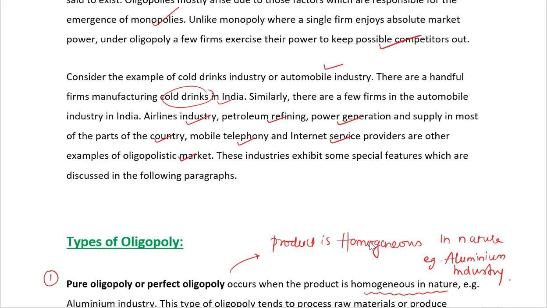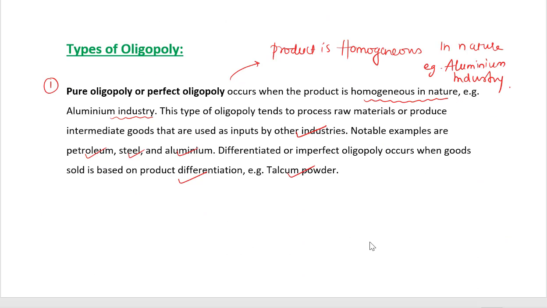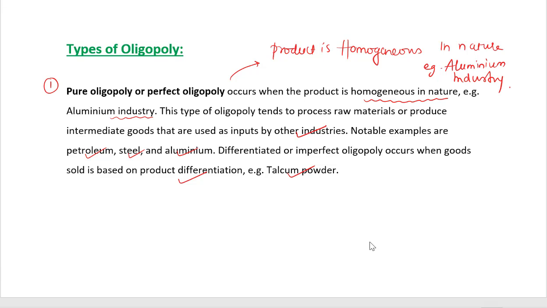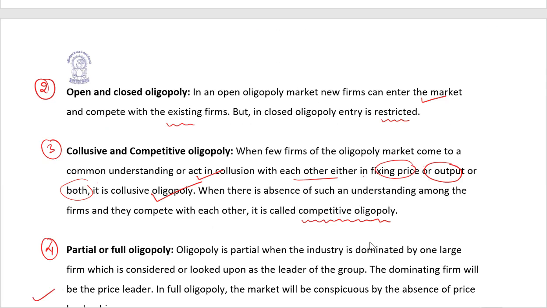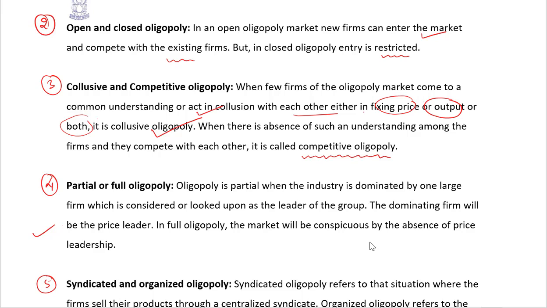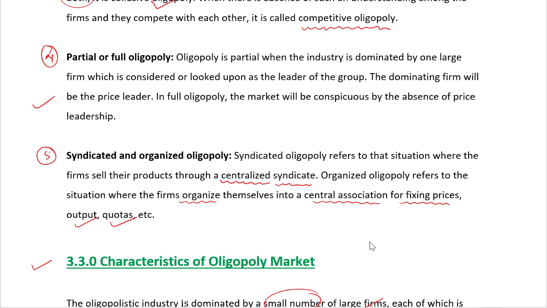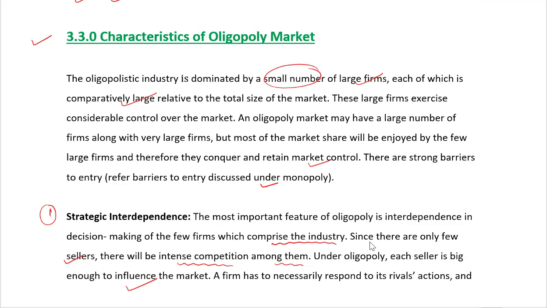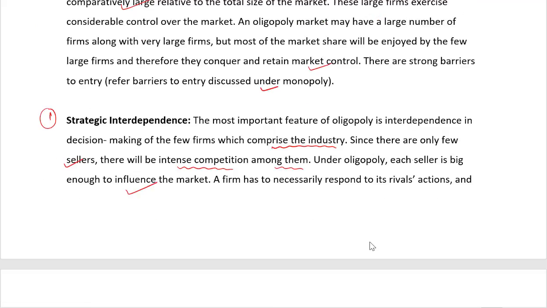And at last we began with oligopoly. We saw the meaning of oligopoly, the types of oligopoly, that is pure oligopoly, perfect oligopoly, open and closed oligopoly, collusive and competitive oligopoly, partial and full oligopoly, syndicated and organized oligopoly, and characteristics of the oligopoly market.